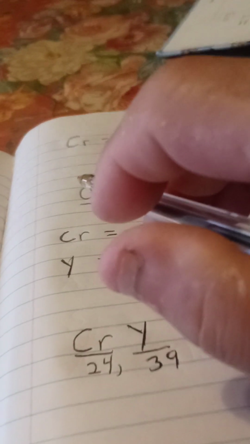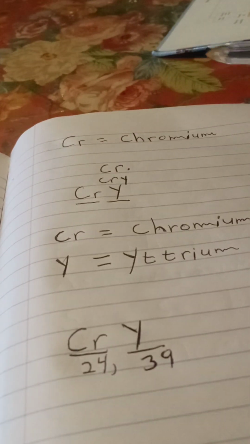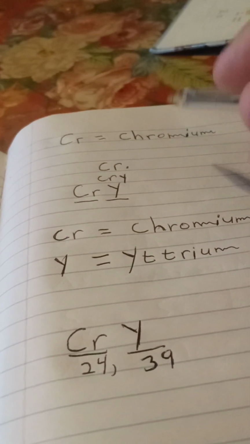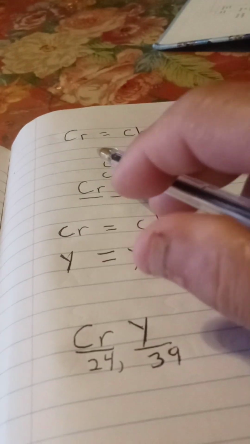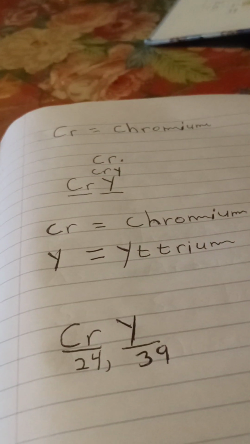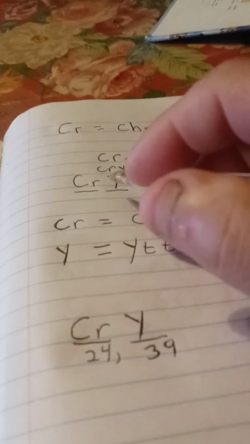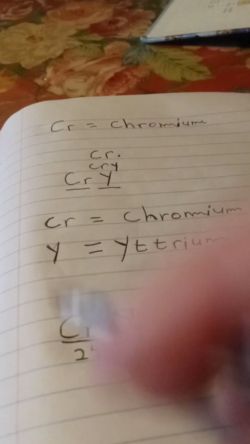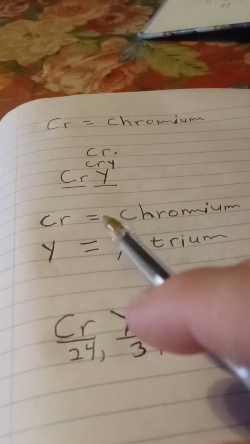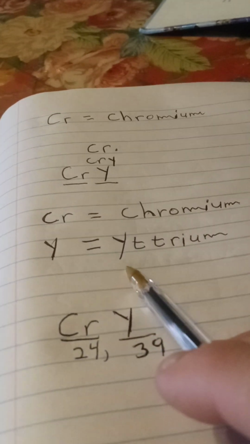So if you want to remember the chemical symbol for chromium, capital C and a small r, think of the word CrY. Then add a capital Y for yttrium, and you've got CrY. Chromium and yttrium.